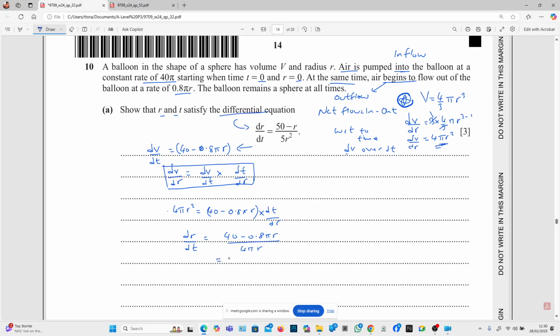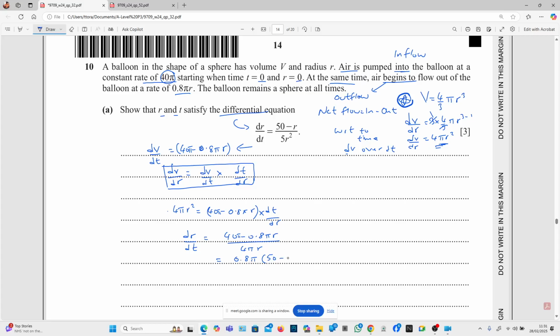Now, if I were to simplify this further, I can put the 0.8 outside if I want. So 0.8, and was that 40 pi? Yes, it was 40 pi, because look here, 40 pi. So the pi is common, the pi can go outside. And then inside I've got 50, because we know that 50 multiplied by 0.8 is going to give you 40.